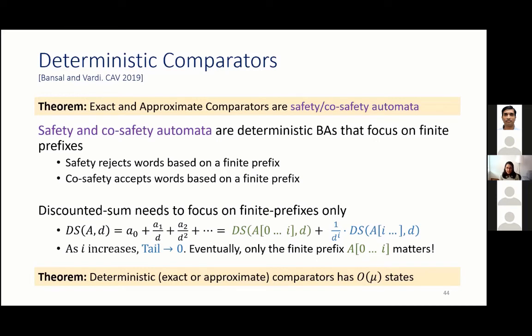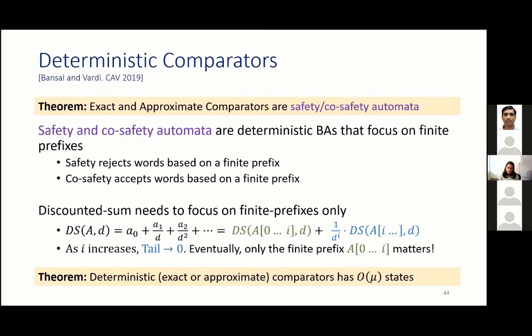So we have to redo the constructions, but we can show that by using this additional property, that discounted sum only needs to focus on a finite prefix, we can directly construct deterministic comparators. And it turns out these deterministic comparators are actually smaller in size than the non-deterministic constructions we had.